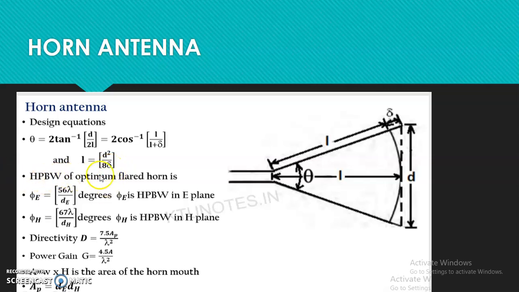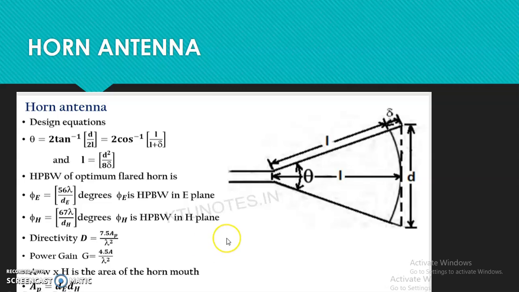Half power beam width of an optimum flared horn is given by phi E and phi H. These are the equations. Then we have the equation for directivity, 7.5 AP by lambda square. Then we have gain, that is 4.5 A divided by lambda square. Then A is equal to W into H, the area of the horn mouth. Then AP is equal to DE into DH. These are the few equations related to horn antenna.